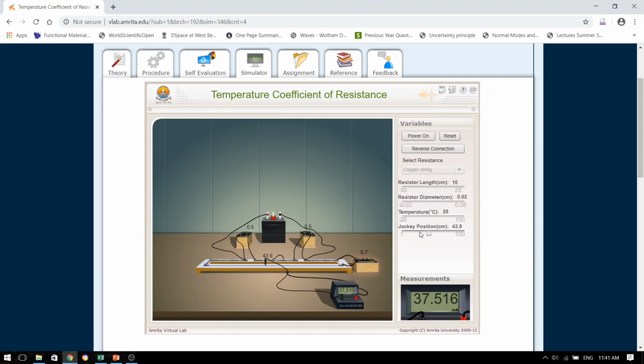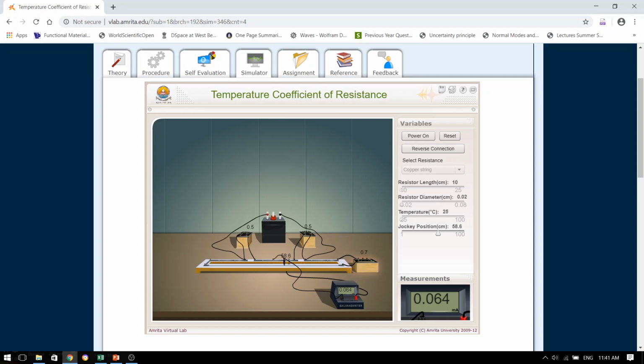Once again, you can change the jockey position, find a null point, and note down the value of your L1 or L2 depending on where the copper strip is. So in this case, it is 58.6. As you can see over here, you will be able to see the numeral of the length.